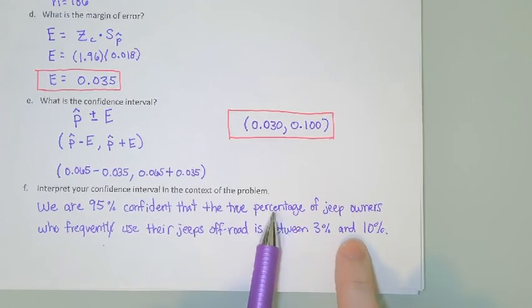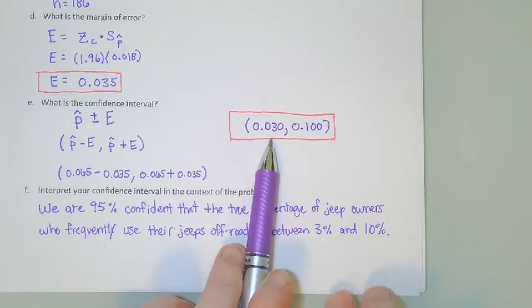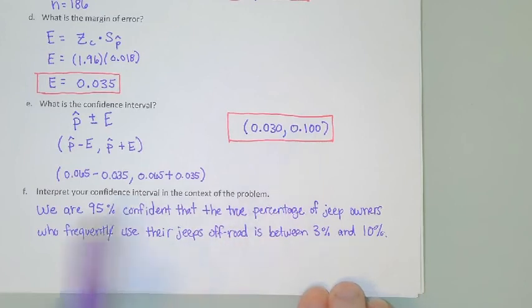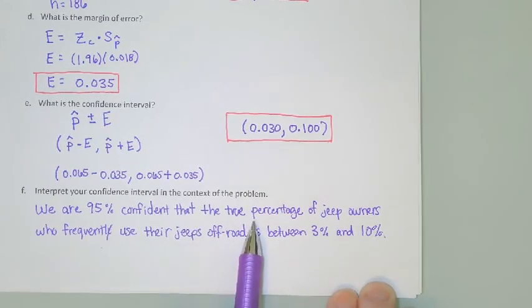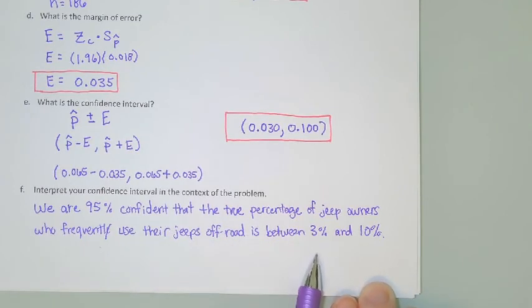I also could have used the word proportion and then used the decimals. So I could have said we are 95% confident that the true proportion of Jeep owners who frequently use their Jeeps off-road is between 0.03 and 0.1.